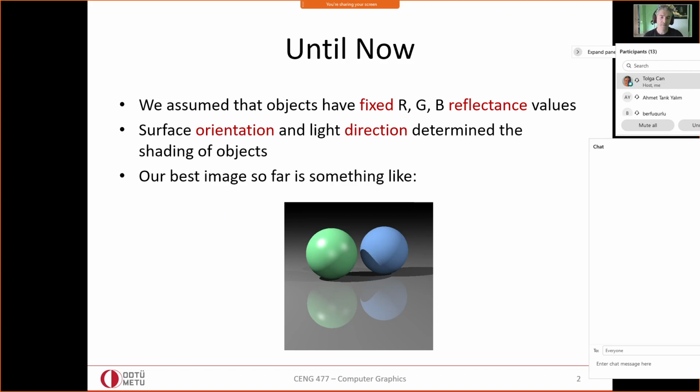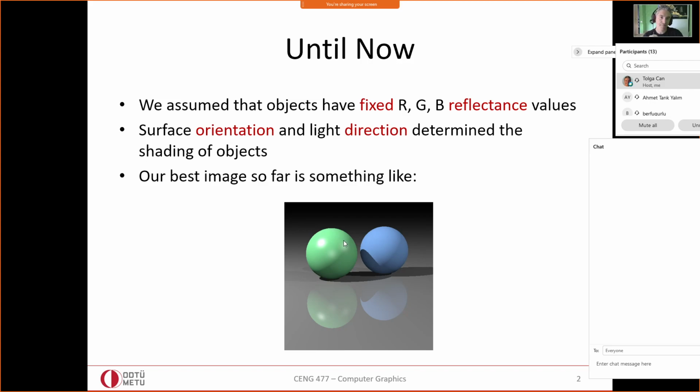Two-dimensional images, like photographs or pictures that you take, could be used, and this is called a texture. If you look at the texture's RGB color, it could be used as the color of a surface point. All right, so that's the idea.